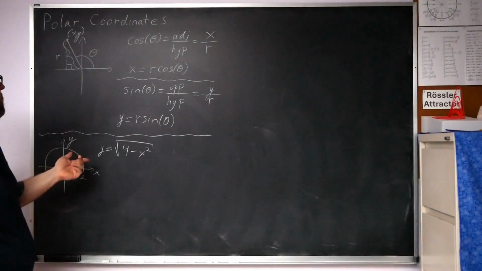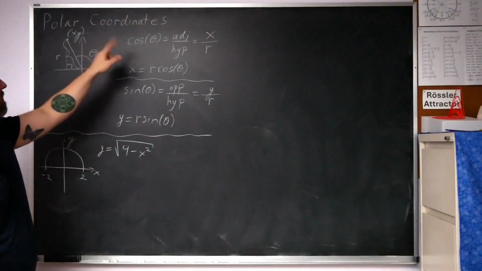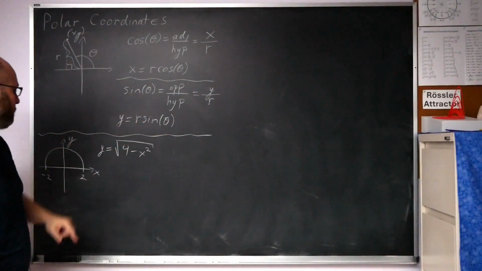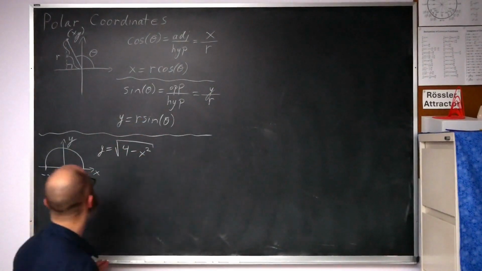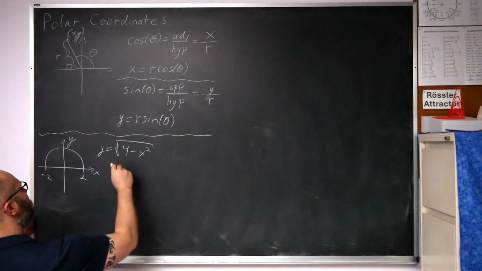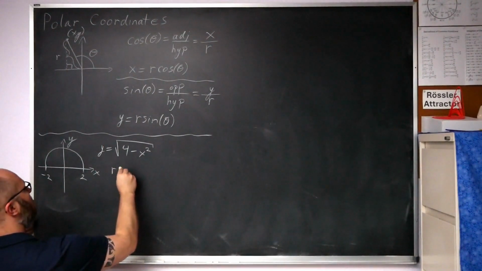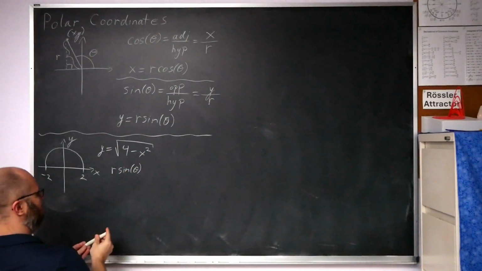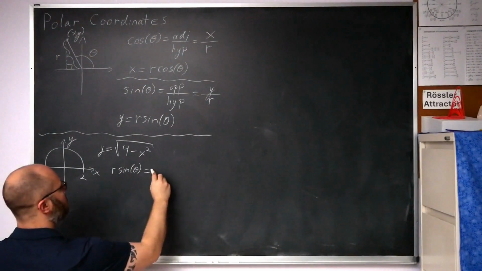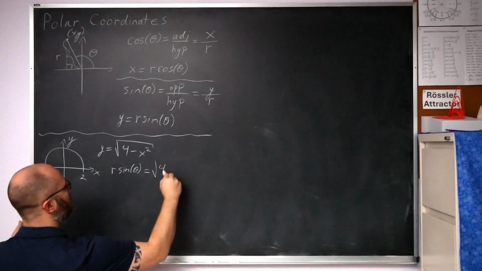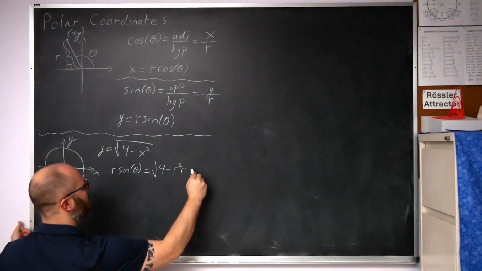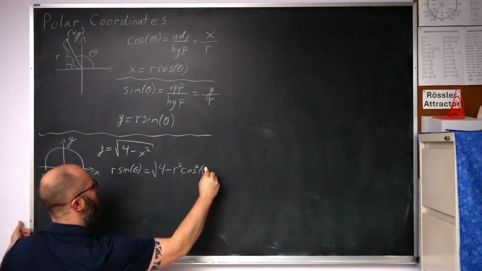So now if we want to convert from x's and y's into r's and thetas, we can just plug in our cosine theta for x and our sine theta for y. So if we do that, we're going to end up with y, okay, so r sine of theta is equal to the square root of 4 minus r squared cosine squared of theta.